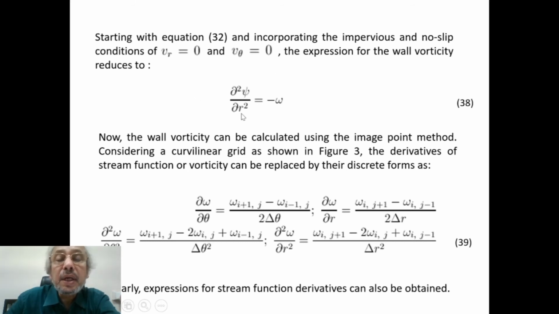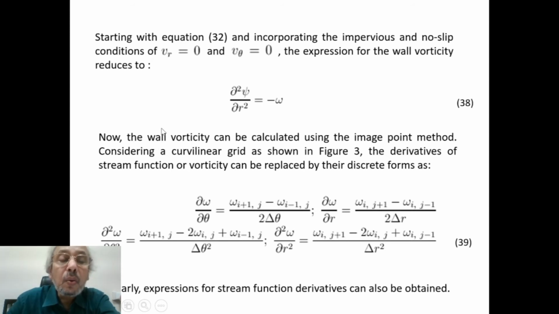This becomes the form of the equation at the impervious and no slip condition, that means on the wall.